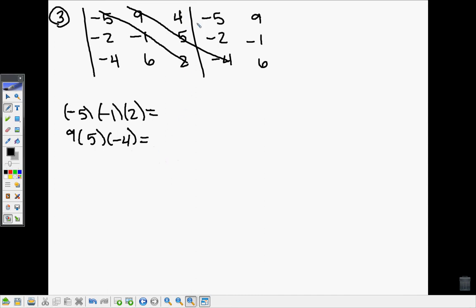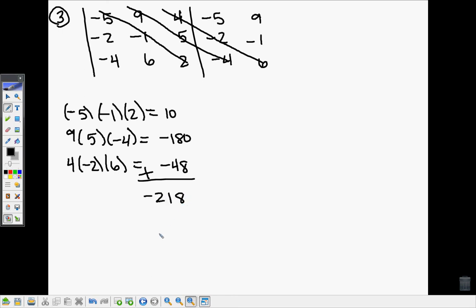Third diagonal, this guy, 4 times negative 2 times 6. Find all three of those. You're going to get 10, negative 180, and negative 48. When you get those, you add them up. So take a minute and add those. The answer is negative 218 for that part.